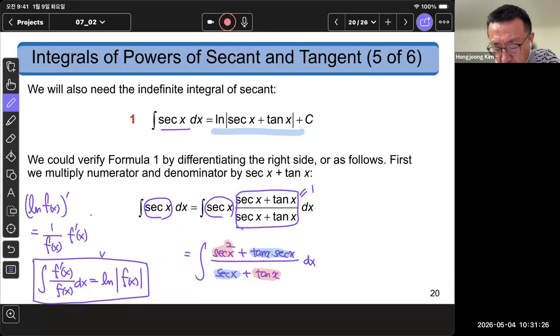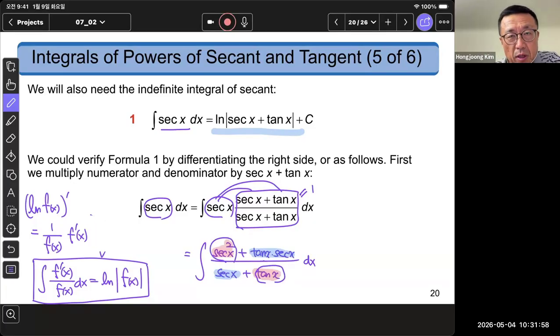When you integrate secant x, the trick is to multiply this function by the constant value 1, and instead of 1, you multiply by secant x plus tangent x over secant x plus tangent x. When you multiply the secant to the functions in the numerator, you get secant x squared plus tangent x times secant x. Now, when you differentiate tangent, you get secant squared x.